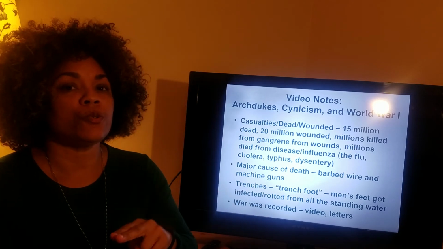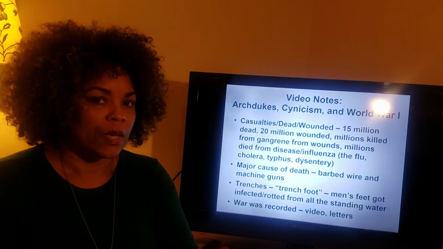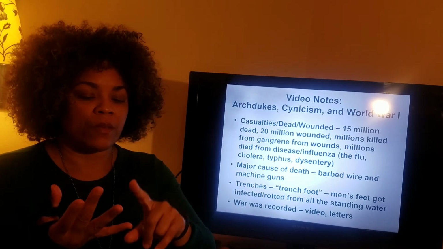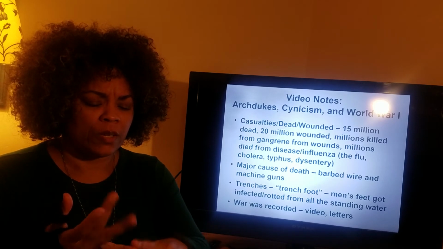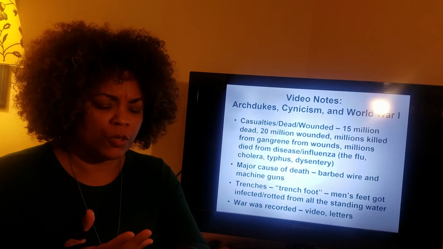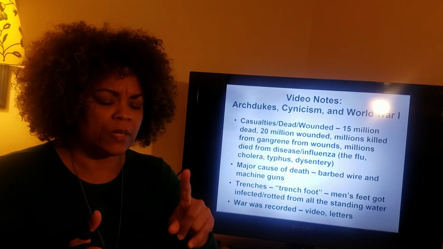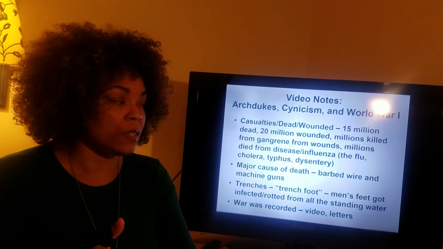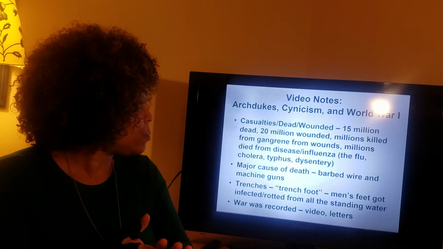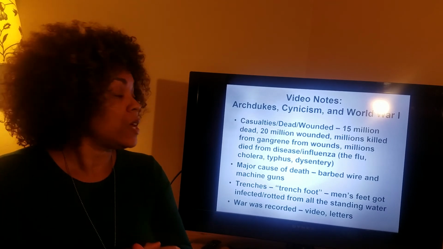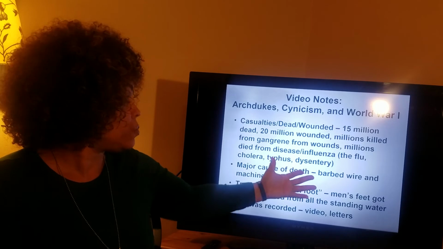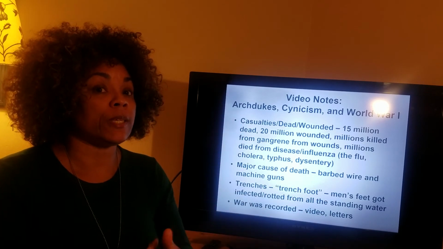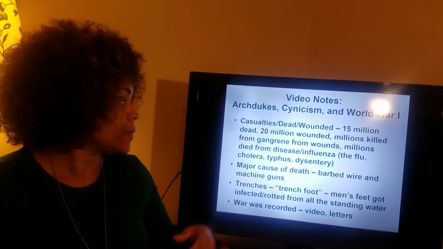During World War Two, it was even more because you had the Russians, you had 25 million, you had the 11 million Jews and gypsies and homosexuals and some blacks mixed in and some sympathizers mixed in. So you had a lot of people killed in those wars, but you had 15 million. This was what they called the war to end all wars because they didn't know World War II was coming.